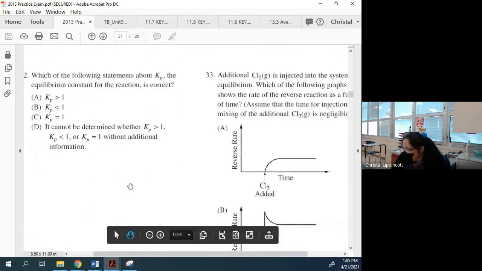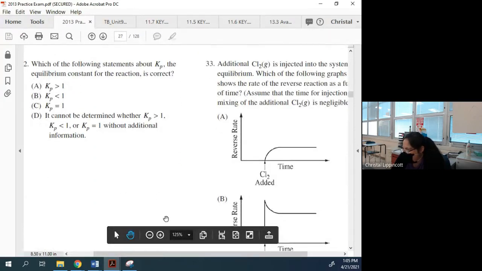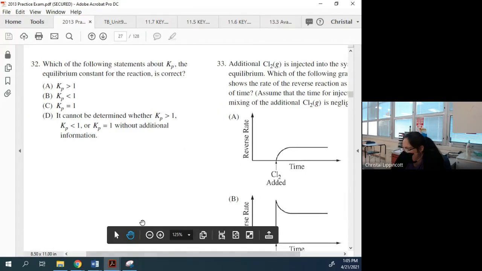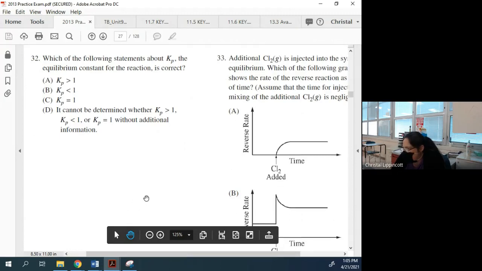Next page, number 32. Which of the statements about the Kp value, the equilibrium constant, is correct? See if you can figure out if the Kp value should be equal to 1, or north or south of 1. Figure that out.